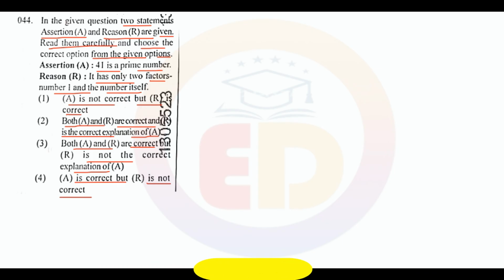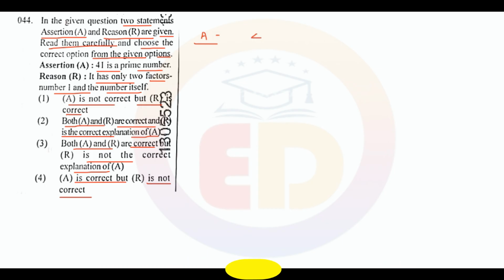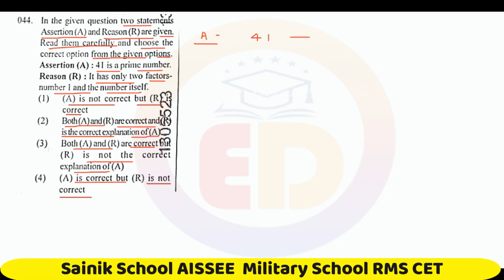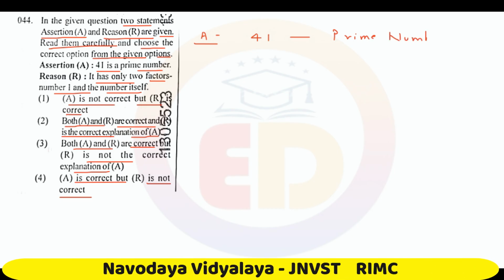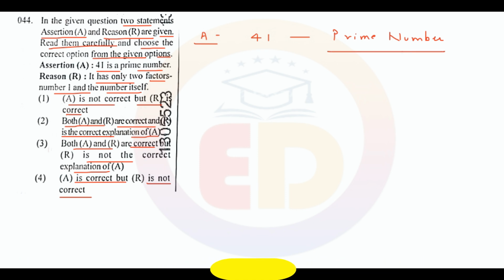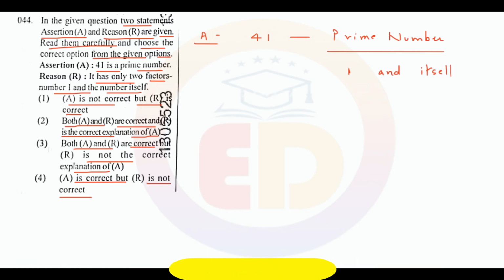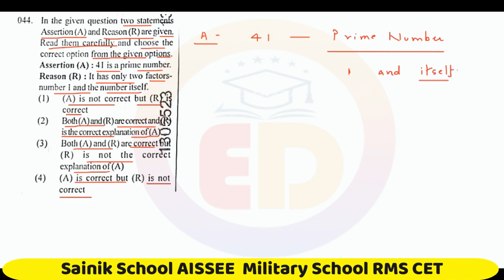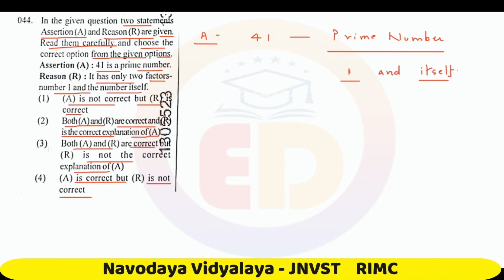Now let us look at the assertion A. It says 41 is a prime number. It is correct. And we know that a prime number is a number which has only two factors, namely 1 and itself. It is the primary definition of a prime number.